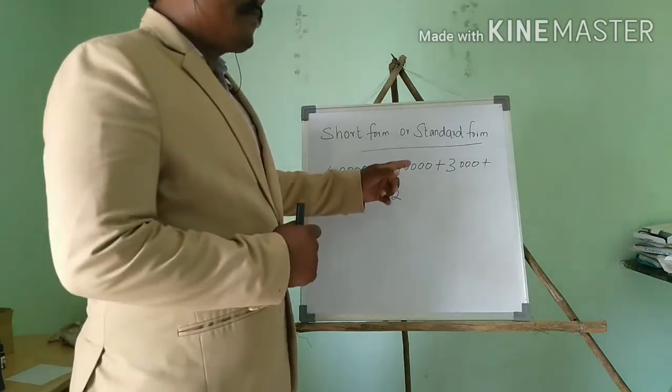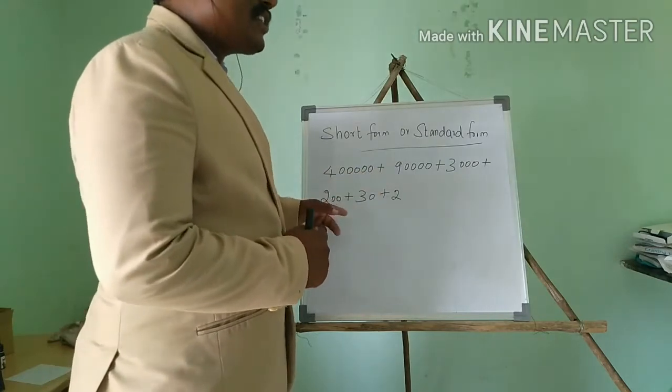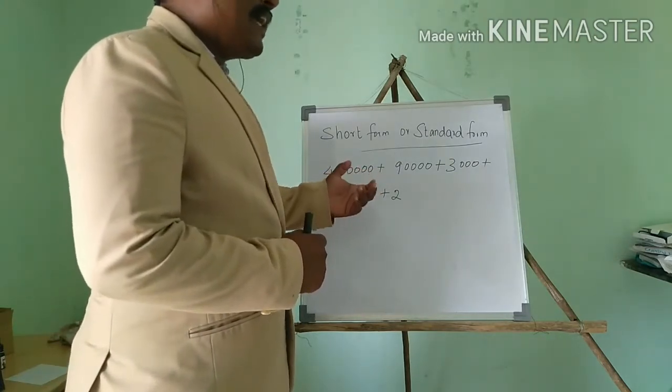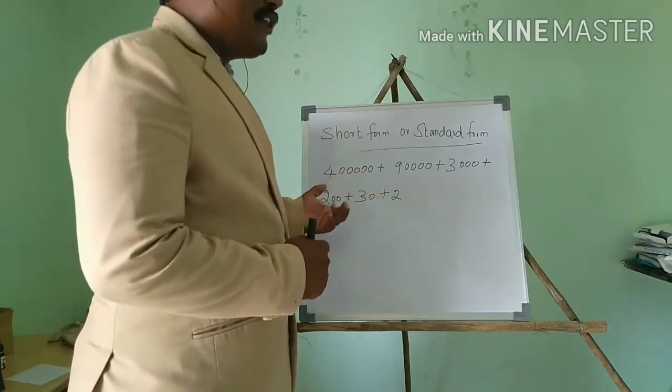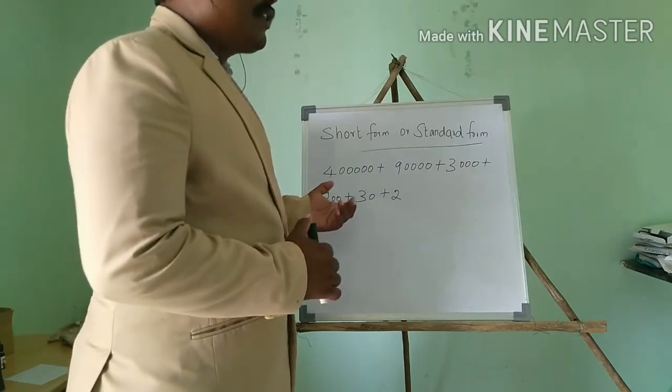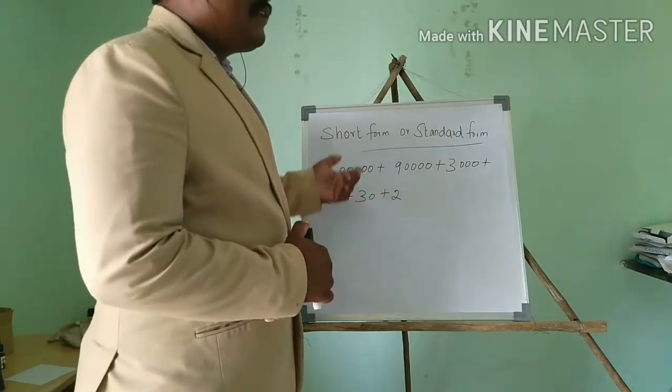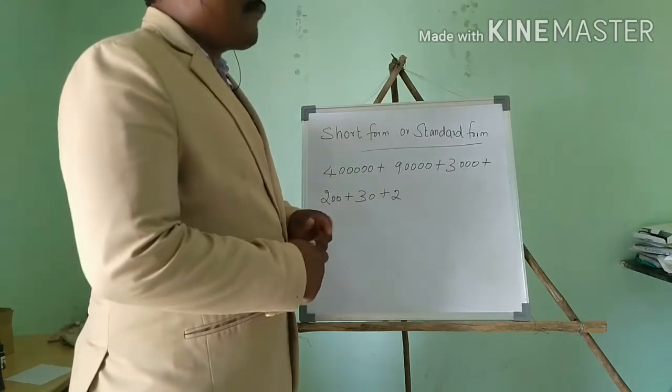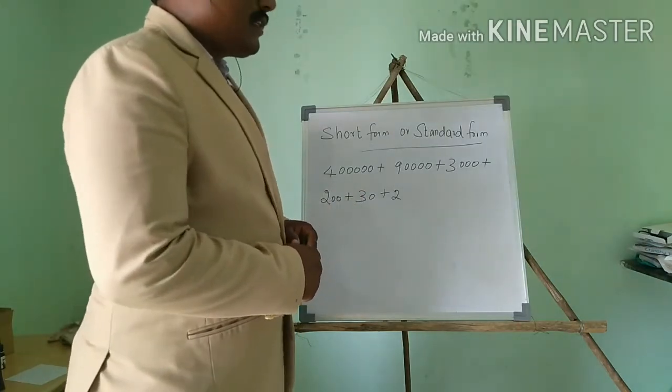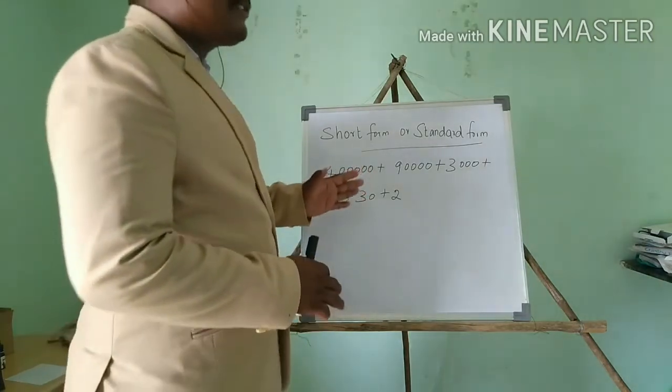First, we have to check that the given digits are placed in their exact place value. First we check, then we can write the standard form. So how do we check whether the given digits are in the exact place value or not?